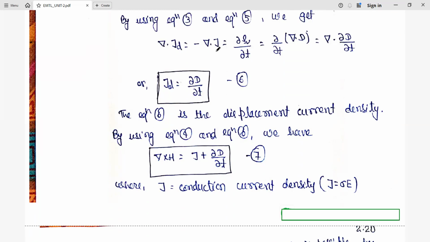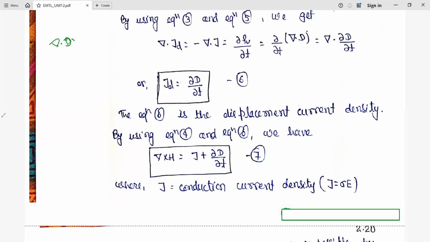Here we have the expression for del dot J, which is minus dou rho V by dou T. And earlier, by the Maxwell equation, we have seen del dot D equal to rho V. That value we are going to substitute here.